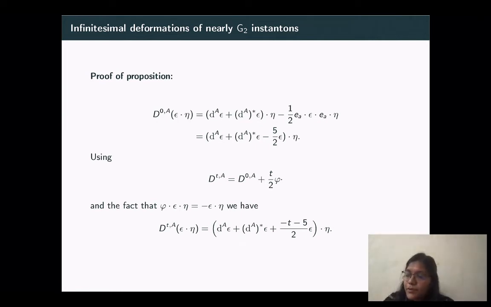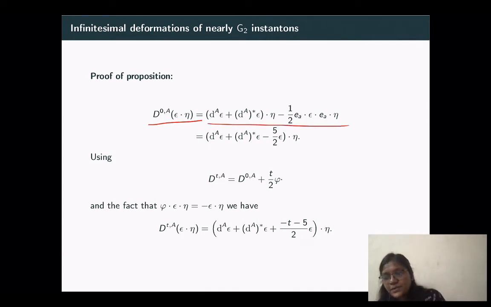First of all, we will compute D^A_0(epsilon·eta). This one is related to the Levi-Civita connection and the G2 instanton, and we will use the definition of the Dirac operator. That gives us that we can open this up as d_A epsilon plus d_A^* epsilon dot eta minus half e_A dot epsilon dot e_A dot eta.